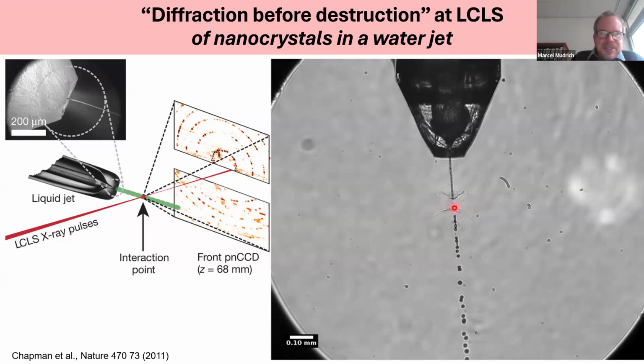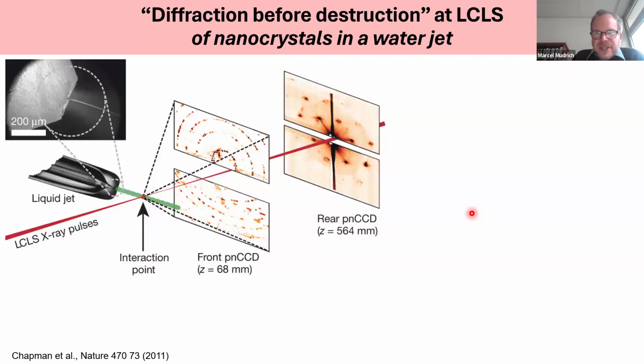But since the pulses are short enough, we are still able to record diffraction before destruction. At least that's the hope: to get the scattering information before all this splashing and destruction of the target happens.